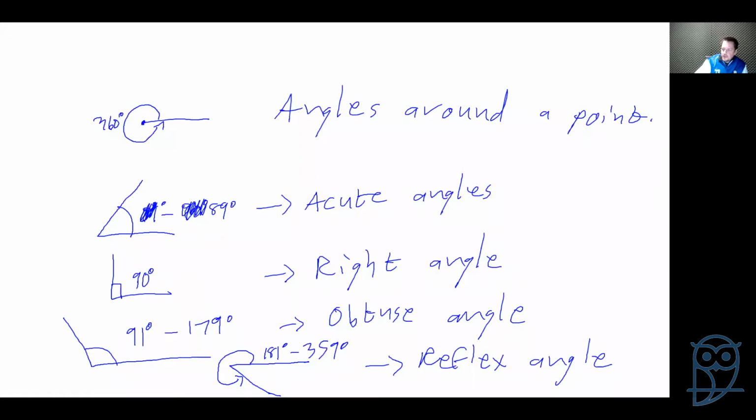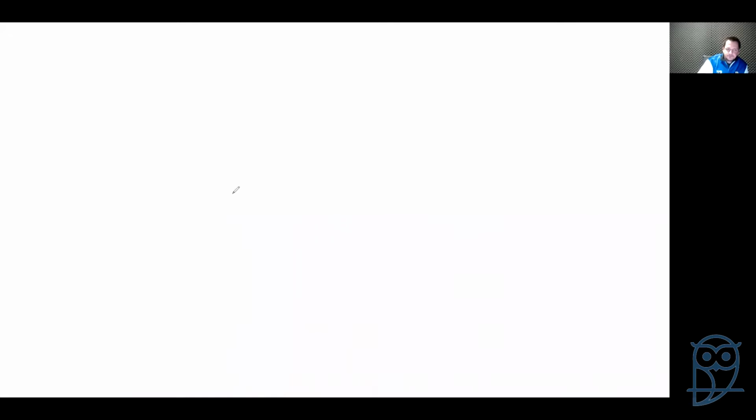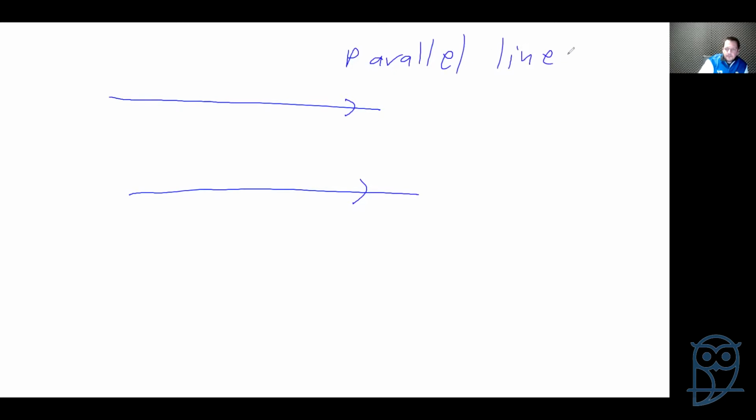So when we come to triangles and other angles, to prove that, for example, all the angles in a triangle add up to 180 degrees, we need a little bit more, and that's to do with parallel lines. So what are parallel lines? Well, we denote parallel lines by these arrows.